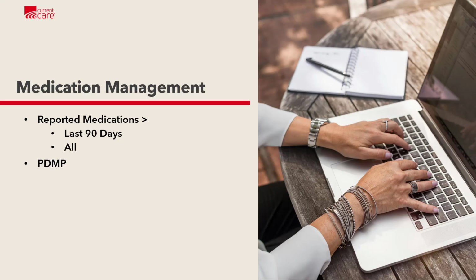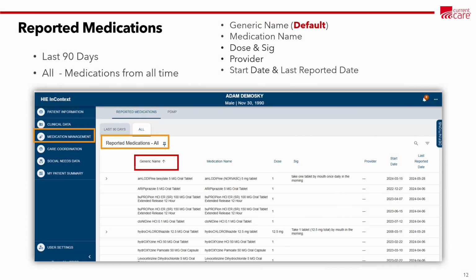The Medication Management tab includes the Reported Medications tab and a separate PDMP tab. Under Reported Medications, you will find two tabs that display medications that have been included within CCDs. The default tab is All, or you can view just the last 90 days.